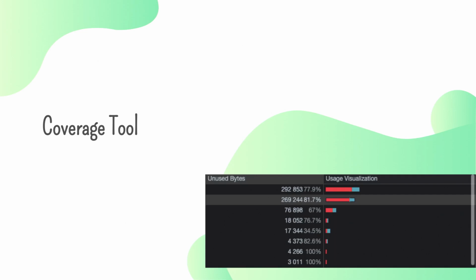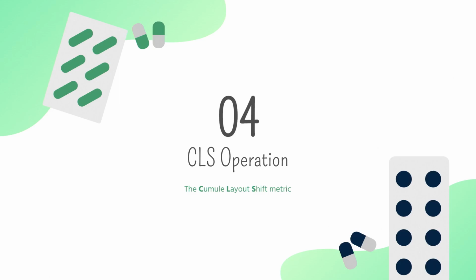So totally unused code of the library is maybe 19%. This tool will help us to debug that and to understand how to split your style sheet correctly with Angular Material and so on. So let's go to the CLS operation.